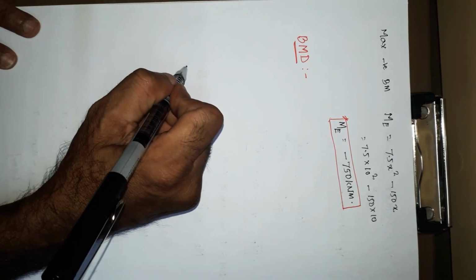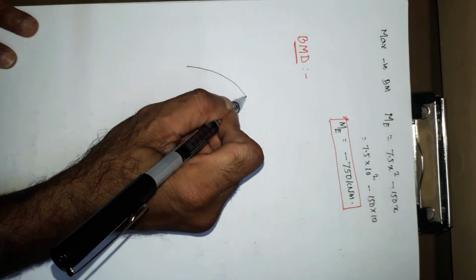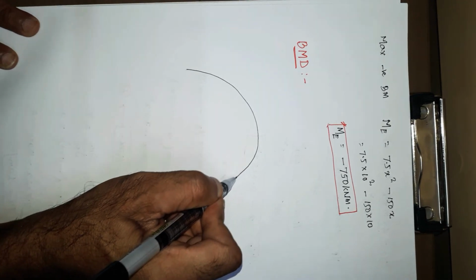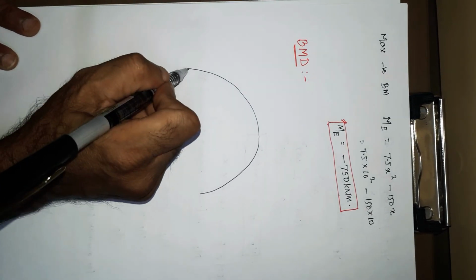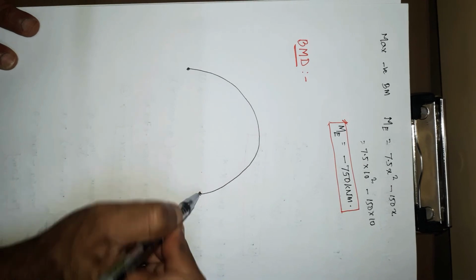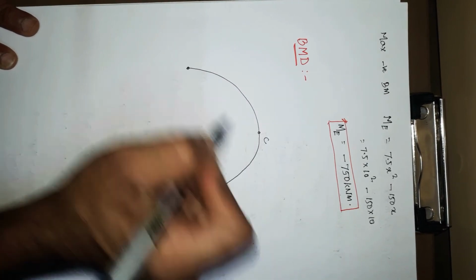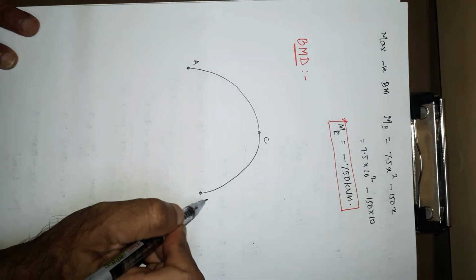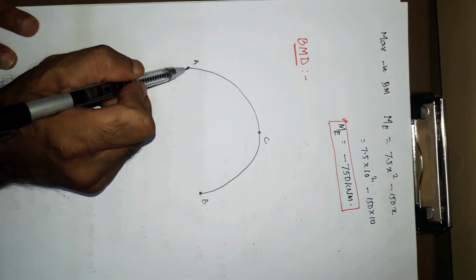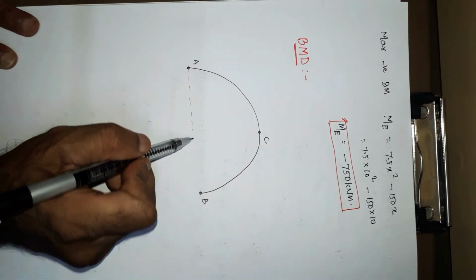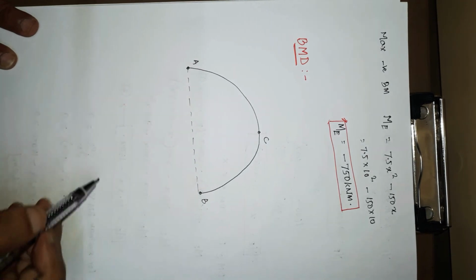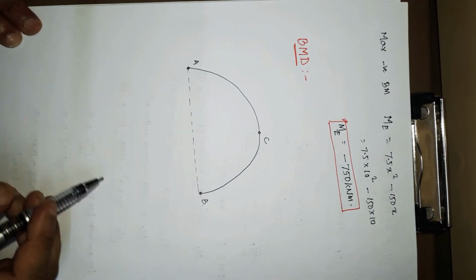Let us see. First step is to draw the arch as it is given in the problem. So this is the arch given in the problem. This is point C. This is support A, this is support B. Now, mark the point.